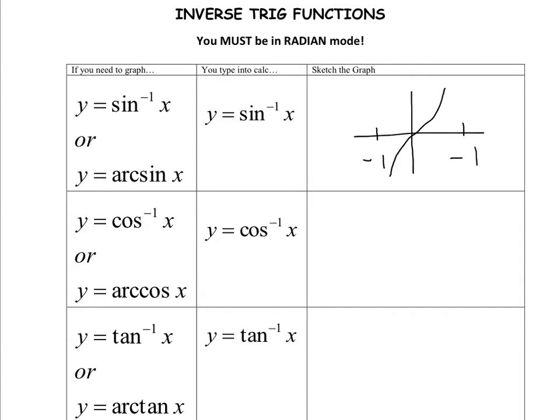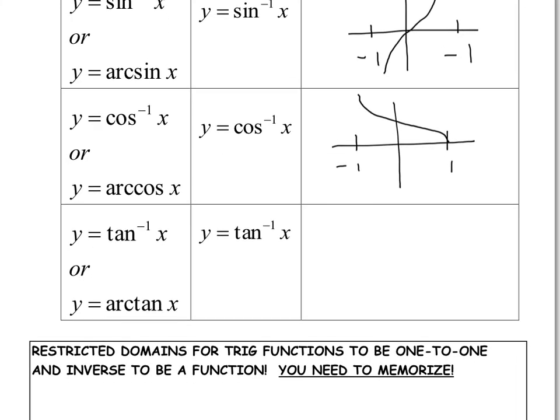Okay, inverse cosine is actually only going to be up here in quadrants 1 and 2. And then inverse tangent is going to go from negative 2 pi to 2 pi and look like this.